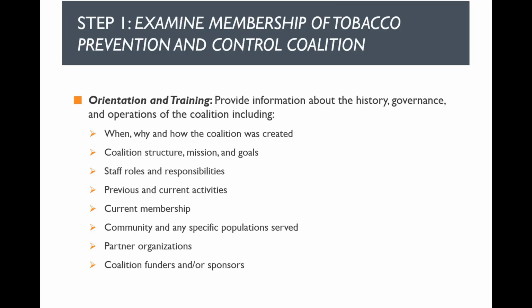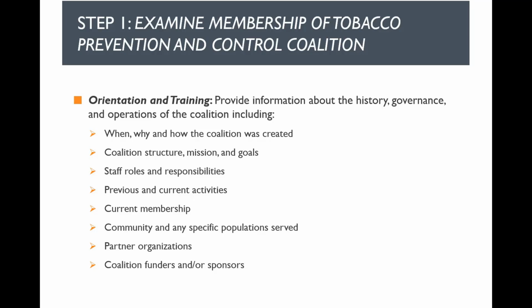Whether or not your coalition has established a formal orientation and training process, it will be helpful for your new coalition member or members to receive more information about the history, governance, and operations of the coalition.